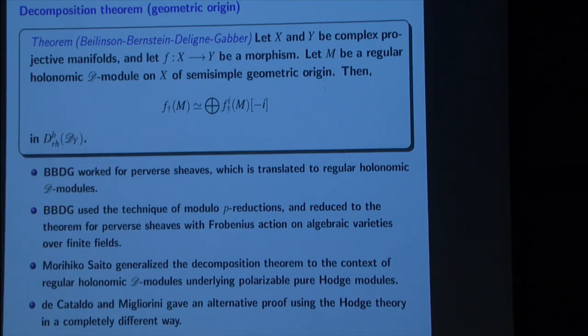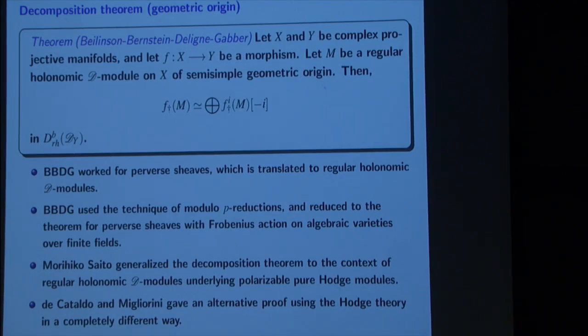And it was done by two methods, by Morihiko Saito and de Cataldo and Migliorini. Morihiko Saito generalized this theorem to the context of regular holonomic D-modules underlying pure polarizable Hodge modules, or equivalently, regular holonomic D-modules which are obtained as the intersection complex of polarizable variations of pure Hodge structures, by using his theory of Hodge modules.